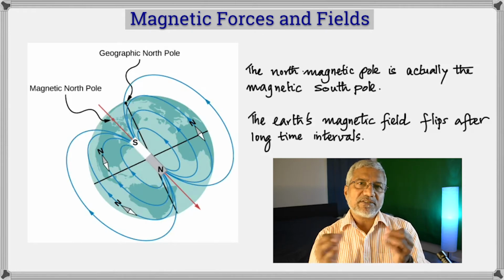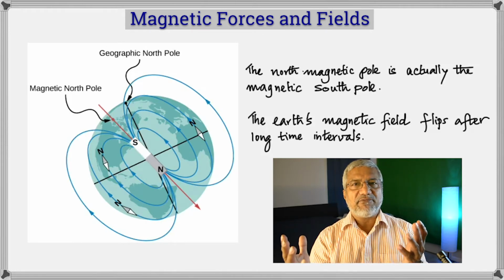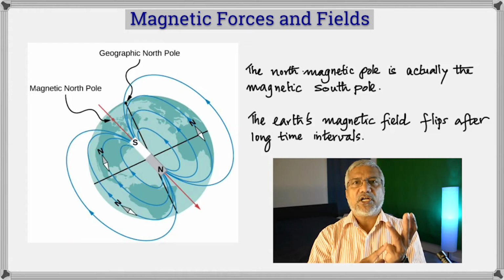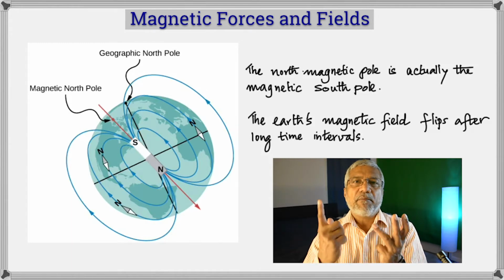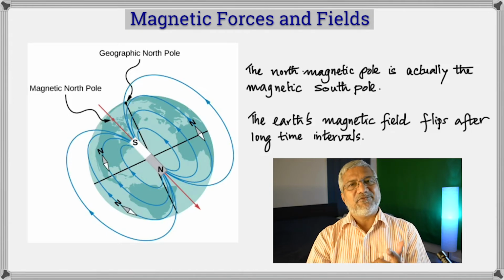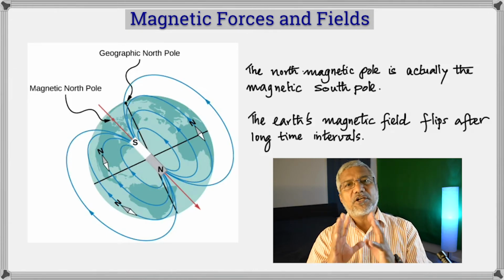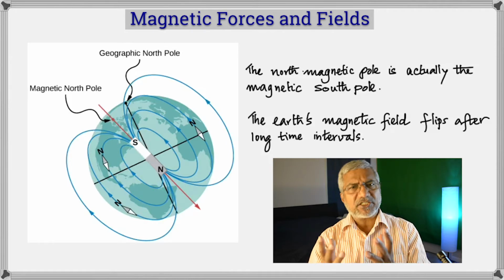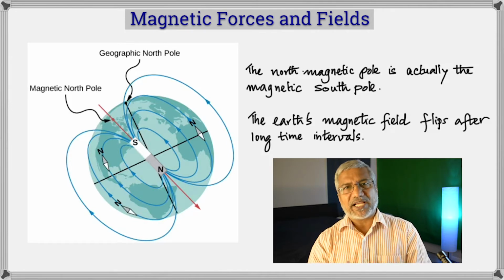So in this discussion, you can see there are many vectors. Velocity of the charged particle is a vector, magnetic field is a vector, and the force is another vector. So we're going to talk about what is the direction of this force acting.